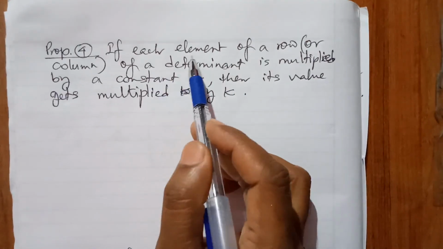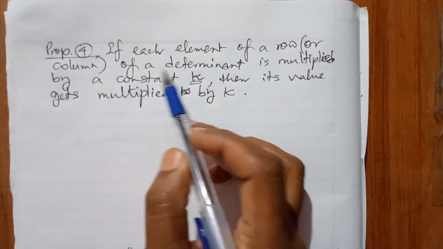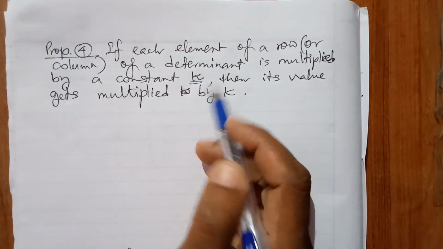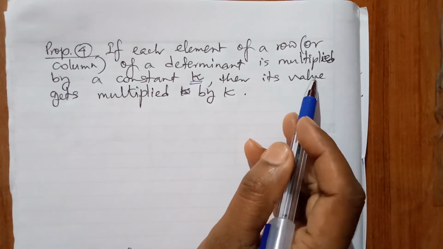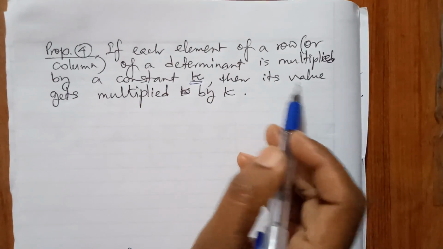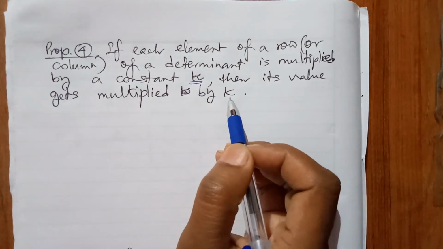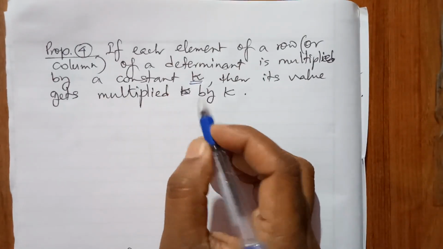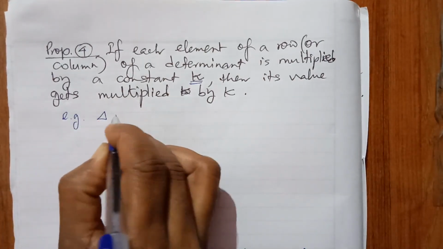So if each element of any row or any column of a determinant is multiplied by a constant k, then the value of the whole determinant will be multiplied by the constant k. Okay, I'll explain this in an easier way with the help of one example. Take one determinant.